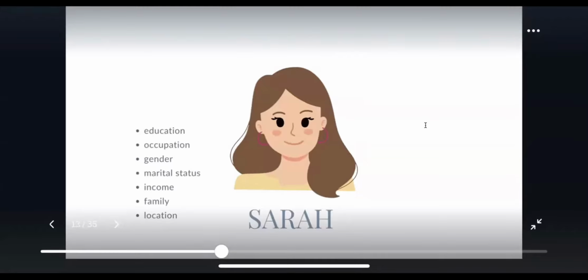So what we're going to do is look at what their values are, their beliefs, their fears, very good one, but also what they're interested in, how their parenting approach is. So this is more, I want to say specific, but it's on a different layer. So we have demographics and psychographics. So I'm going to give you 1 minute to now think about the psychographics of your ideal client.